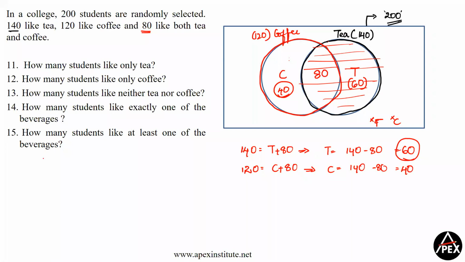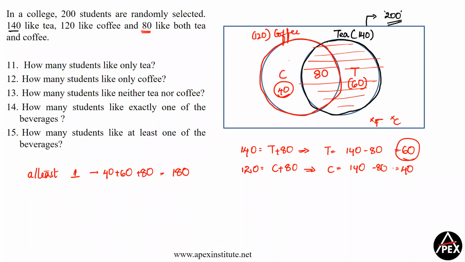Now tell me, how many students like at least one among tea and coffee? So this will be 40 plus 60 plus 80, total 180. Now let's see whether we can answer the questions or not.